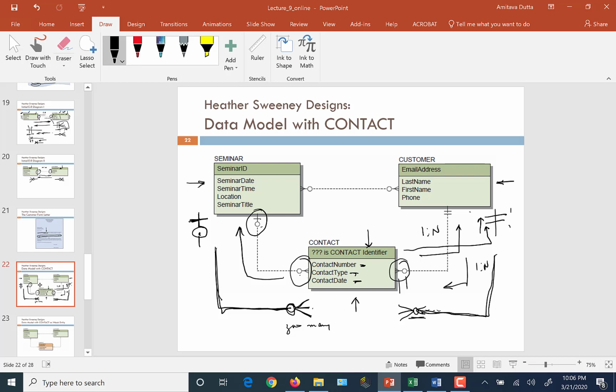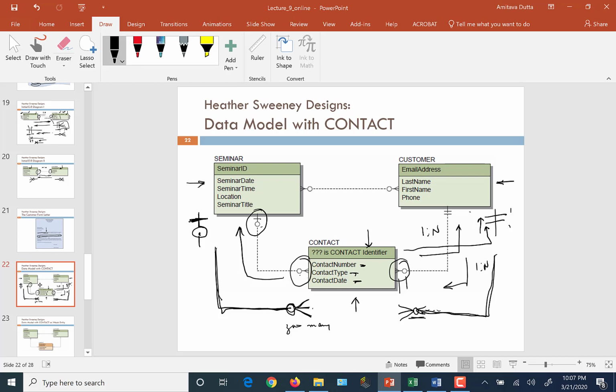So if I start from contact in the reverse direction, one contact is generated by at least zero and at most one seminar. I agree that a contact can be generated from at most one seminar because that's the source of the generation of the contact.